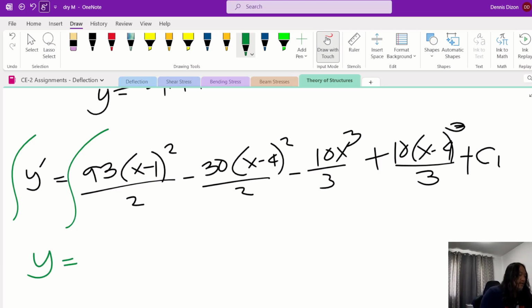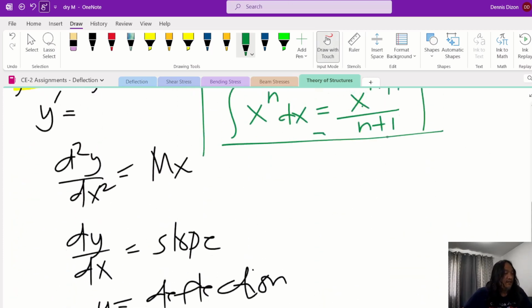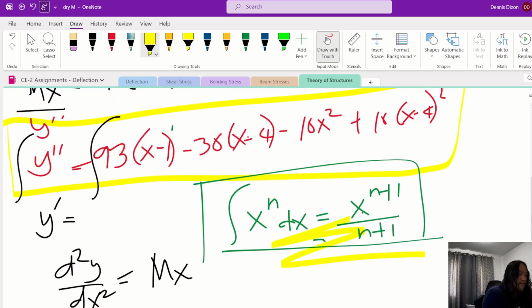So 93, the same formula from this formula here, right?